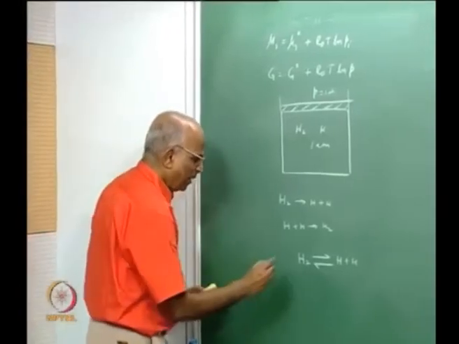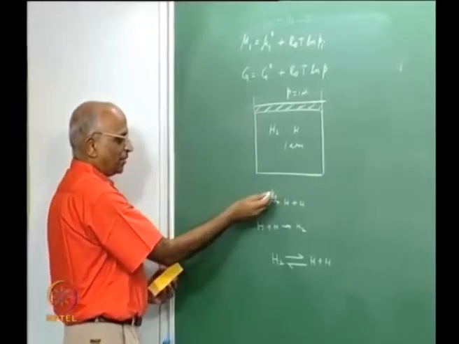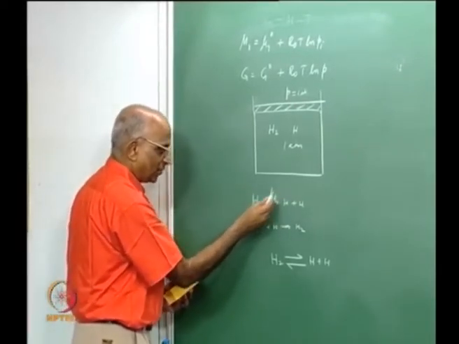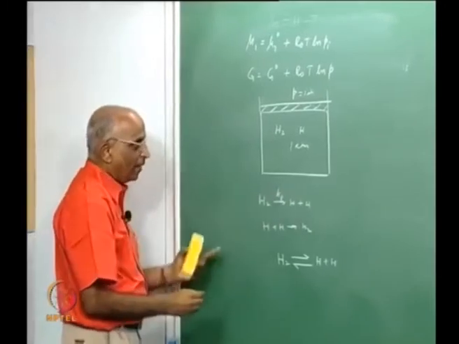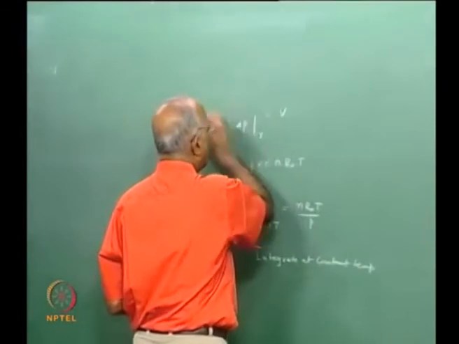Now I say let the kinetic rate constant for the forward reaction, hydrogen being converted to H and H, be called small kf. When we studied combustion, we use the law of mass action.